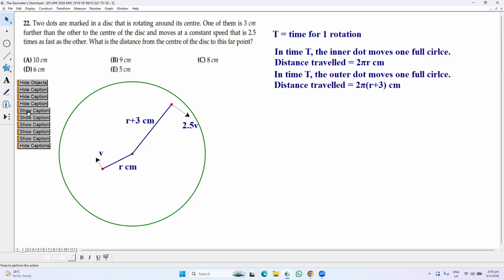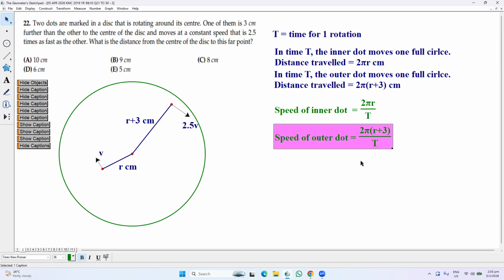Speed of inner dot is the distance traveled divided by the time taken, time for one rotation: 2 pi R over T. For the outer dot, 2 pi (R plus 3) over T. The outer dot moves more distance because it is further away, moving faster.